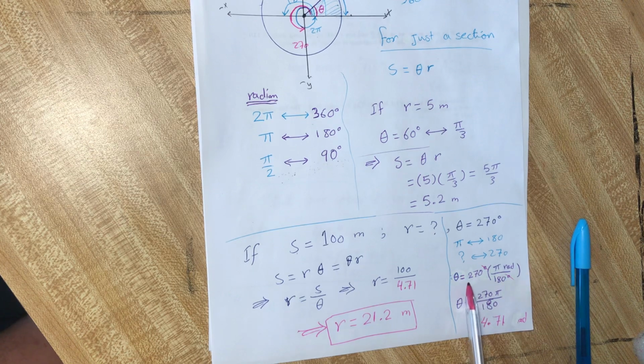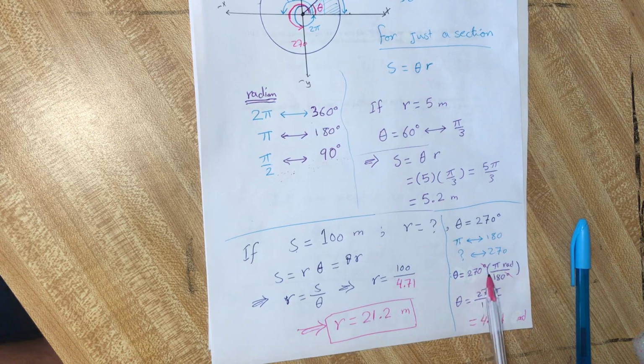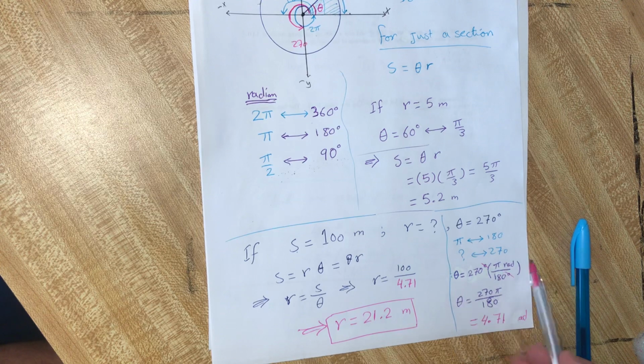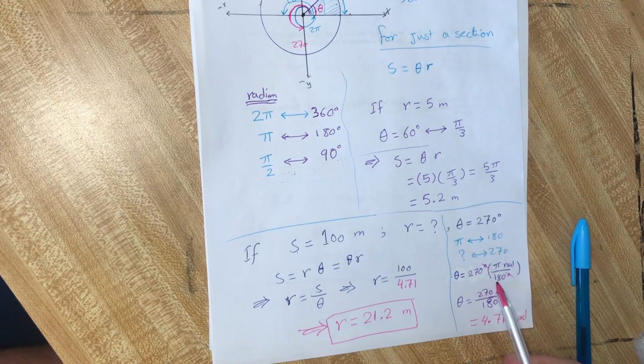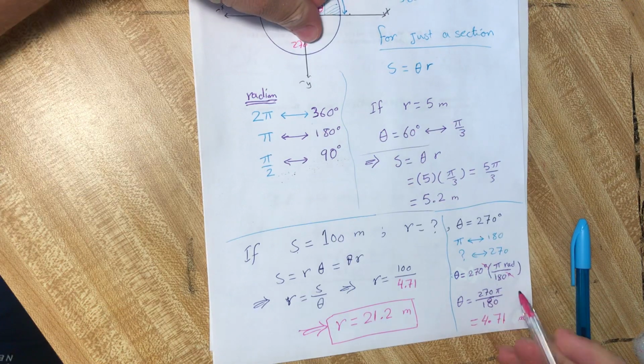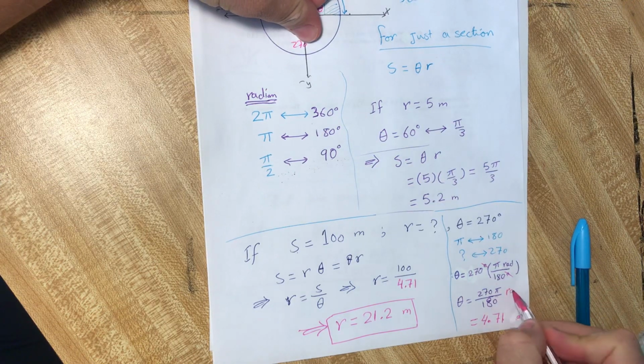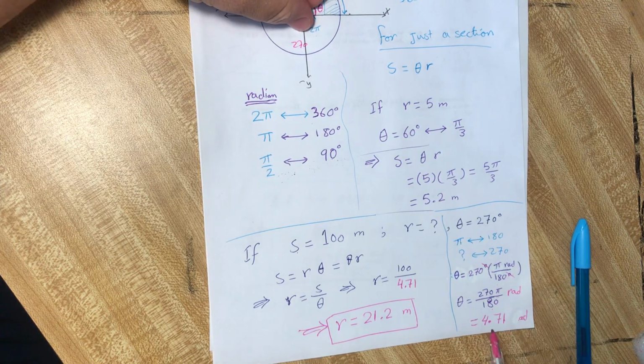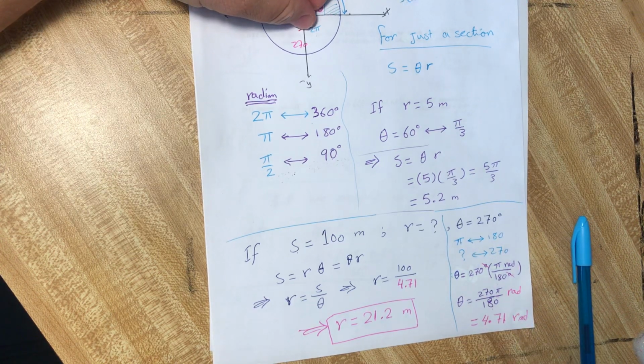Now we need to convert 270 to radians, so we multiply by pi over 180. Degrees will cancel with degrees, so the final unit is in radians. So we have 270 pi over 180 radians, which is equal to 4.71 radians. Okay?